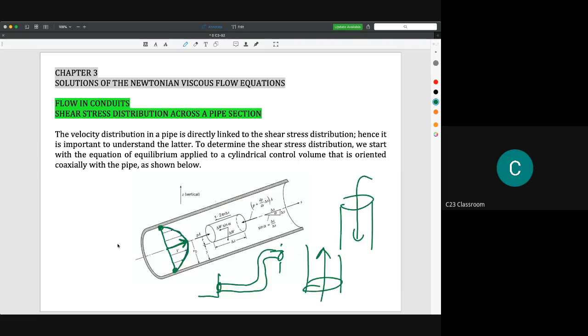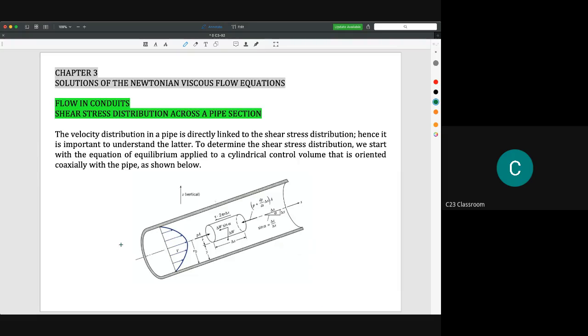I will show you the way we derive, or the way we draw, our free body diagram. First, we imagine that we have one fluid element like this. As I said previously, to make sure this element stays in its original condition, we must make sure that the fluid is not flowing anywhere.